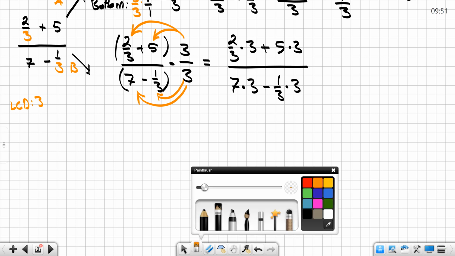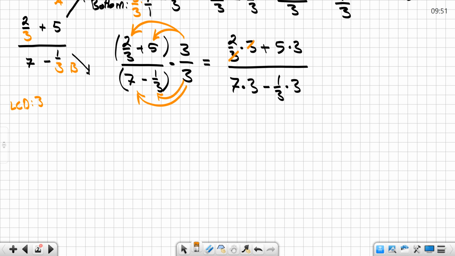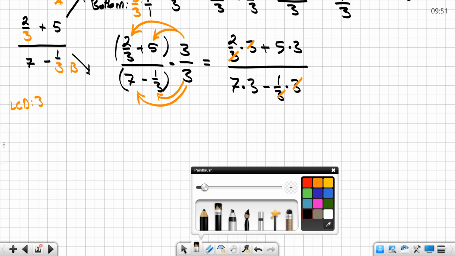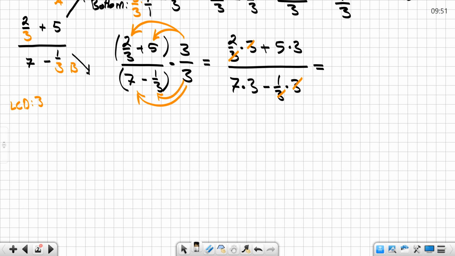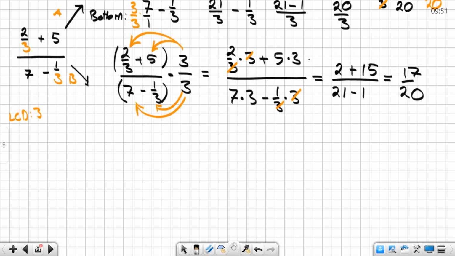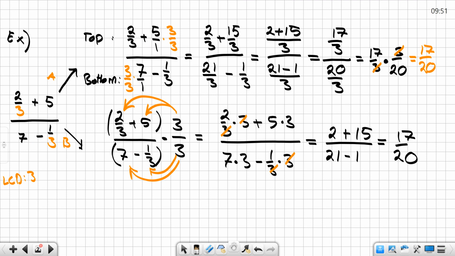And the nice thing is that this 3 and this 3 cancel out, and so do this 3 and this 3. So in just one step, I have cleaned everything out. What is left is 2 plus 5 times 3, which is 15, divided by 7 times 3, which is 21, minus 1, which is going to be 17 over 20, which hopefully is the same answer that we had before, which it is. So this method allows for a lot of shortcuts.